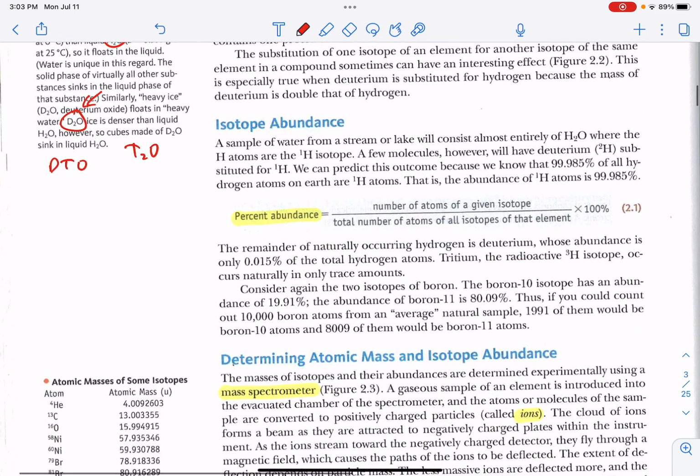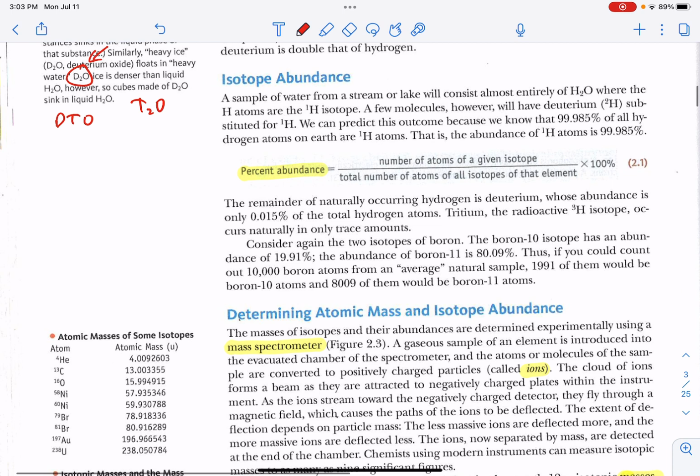Now, the abundance of each isotope is something that you should be able to calculate if you know the relative mass, the weighted average of the isotopes, and the masses of each of the individual isotopes.